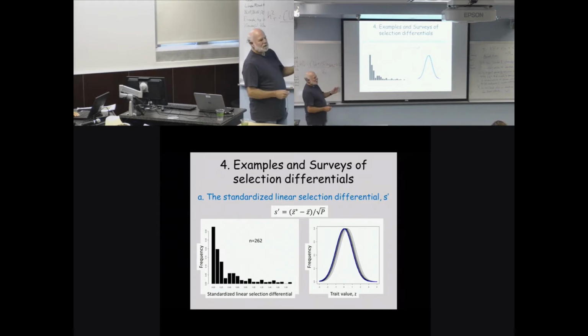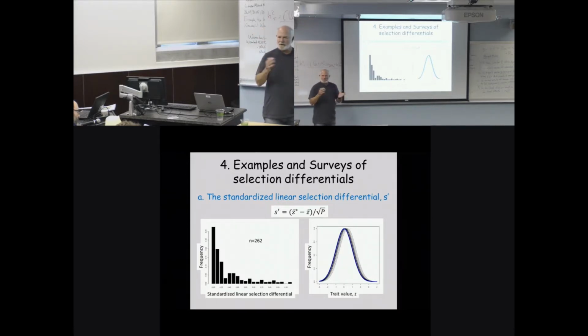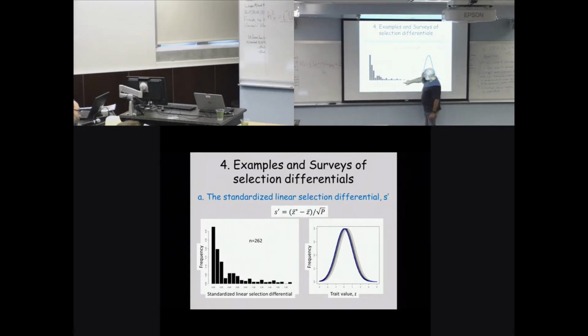Okay, so if you're looking at different traits, let's standardize all the traits so that now when we look at the shift in the mean, it's in units of phenotypic standard deviation, right? And now we're going to compare 262 studies that estimated this standardized selection differential. These are Endler's data, and you can see that, incidentally, S could be positive or negative. We've taken the absolute value, so now it's just the absolute shift in the mean, and you probably can't see the scale, but I guess this is 1.9 phenotypic standard deviations.